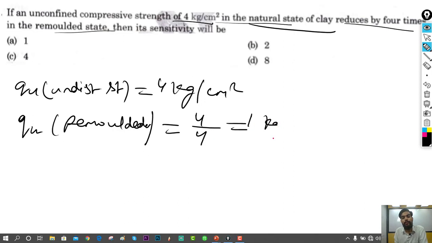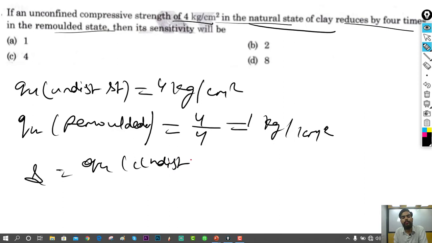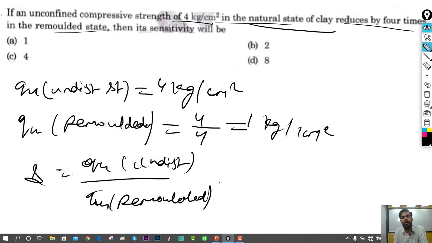So the remolded strength is 1 kilogram per centimeter square, and the formula of sensitivity is Qu undisturbed by Qu remolded. When you solve this formula, 4 divided by 1, our sensitivity is 4. So the correct option is option C.